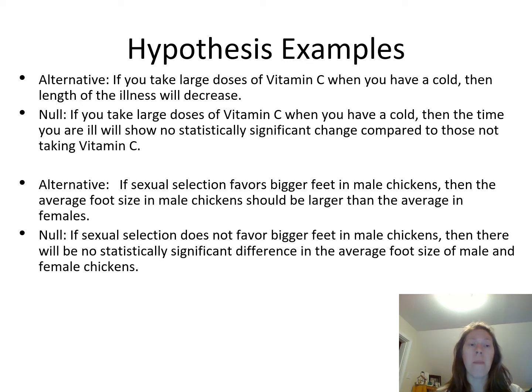But a null hypothesis would say that if you take large doses of vitamin C, then the time you are sick is not going to show any statistically significant change compared to those not taking it. So it's saying, again, there's not going to be any relationship. And this no statistically significant change, that is critical. We need to make sure that that's always in there for a null hypothesis, because we want to acknowledge that we're going to be using data to support what we're going to say.